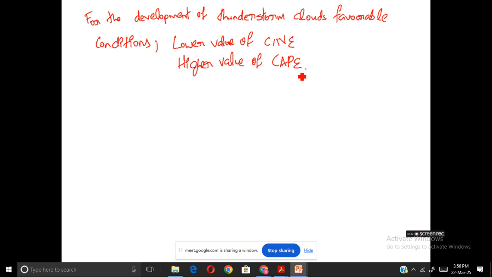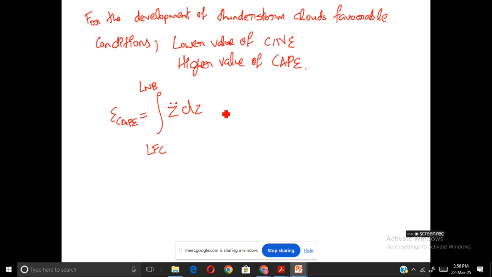Now this E CAPE, in terms of the vertical. So how to write it in terms of vertical velocity? We will see. So E CAPE is basically the integral from LFC to LNB of vertical acceleration into dz, right?